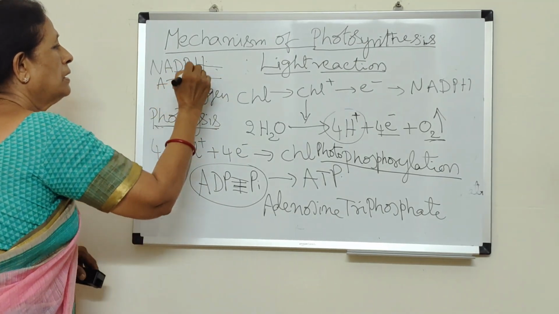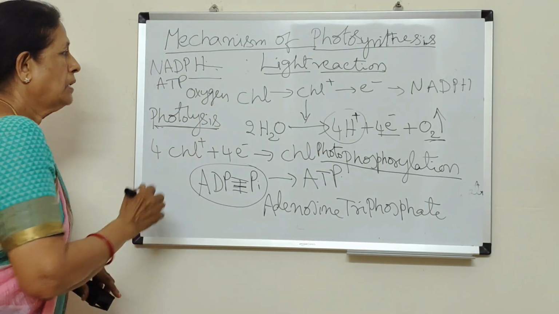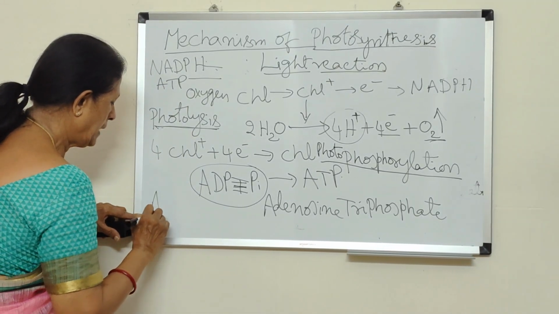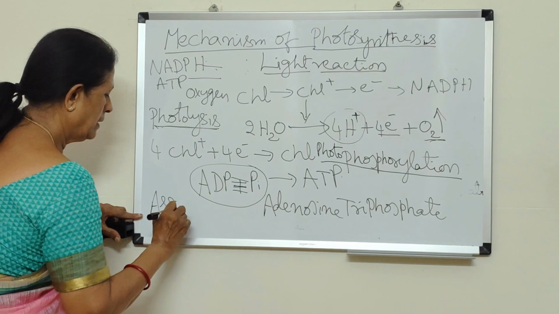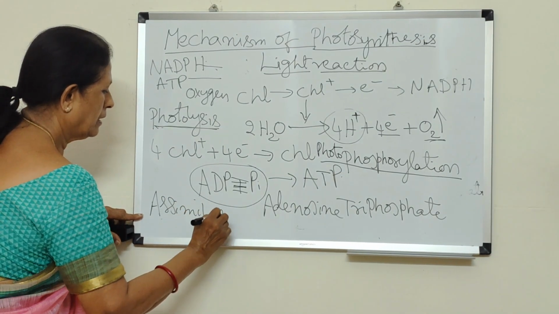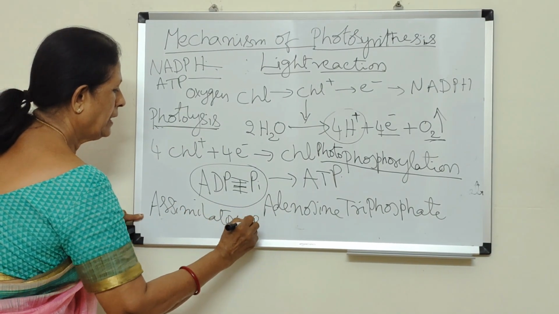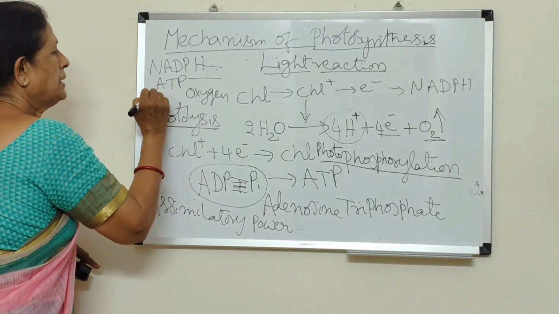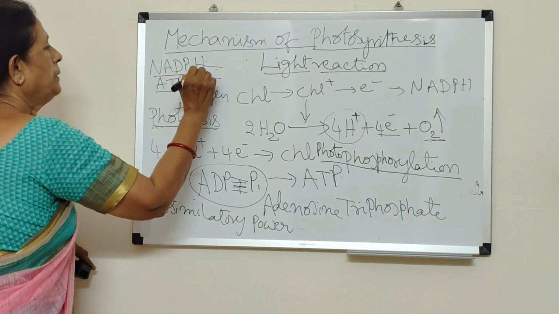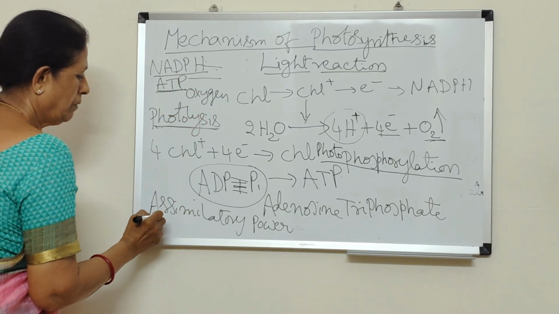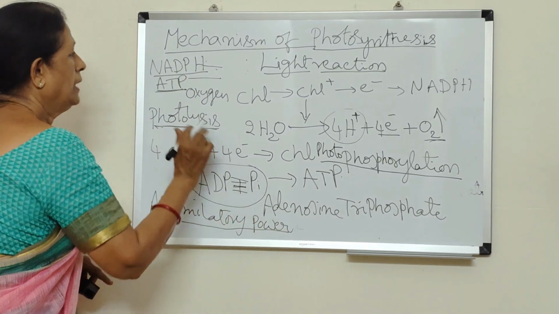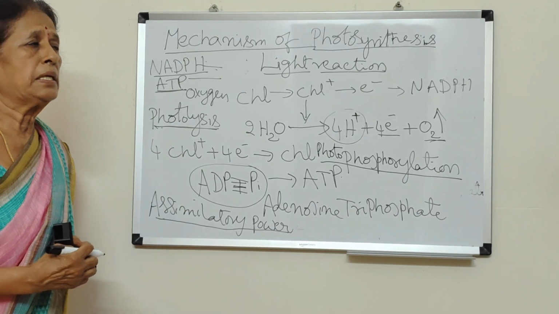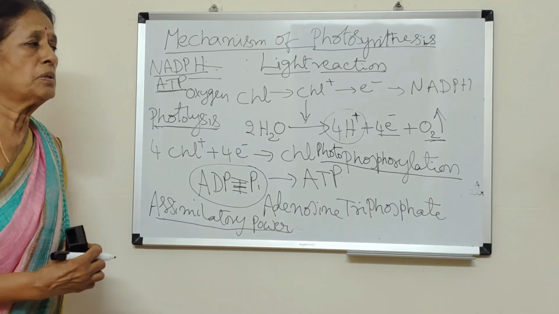They contain a lot of energy, and so they are also called assimilatory power. The energy that is present in NADPH and ATP put together is known as assimilatory power. This energy is utilized in the dark reaction for the formation of glucose.